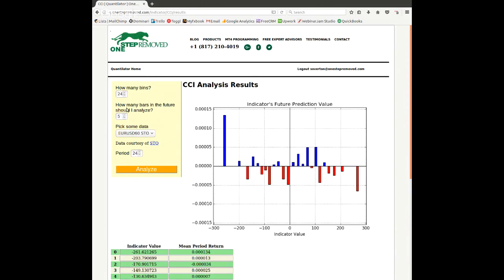So we want to know what percentage the market is likely on average to move up or down at some point in the future. So when I tell it to analyze 24 bins in the future, I'm telling it I want to know the average percentage return of the market up or down 1 day from now. Does that make sense, Max? It's just a really simple question: is it going up or down, and by how much as a percentage?